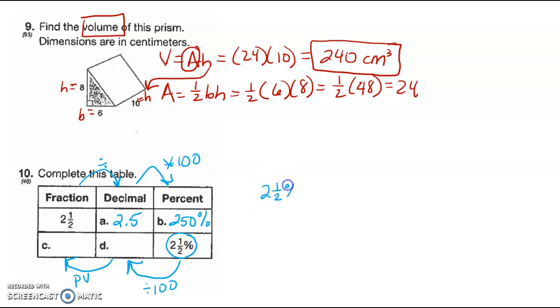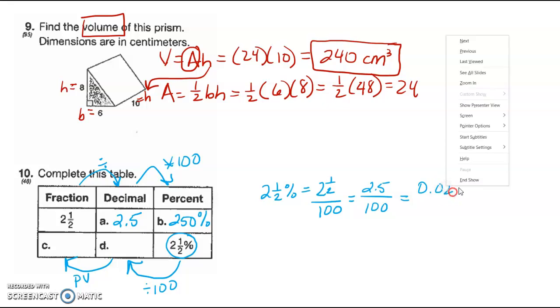So 2.5% is equal to 2.5 per 100. Which I guess you could do 2.5 over 100, and then when you divide that, you get 0.025. Oh, shoot. Okay, there we go. So that's going to be here.